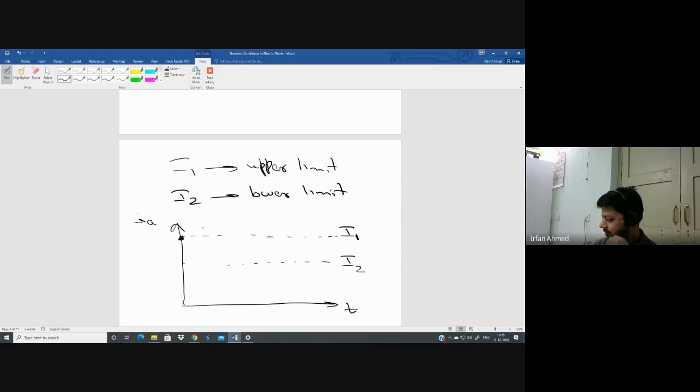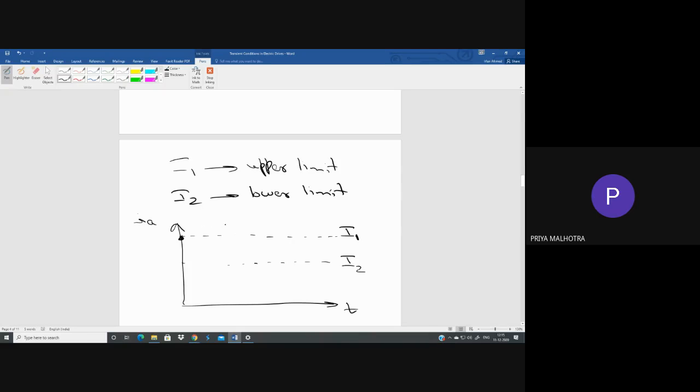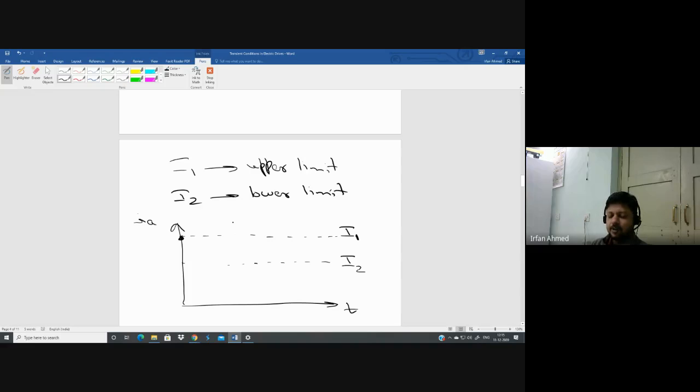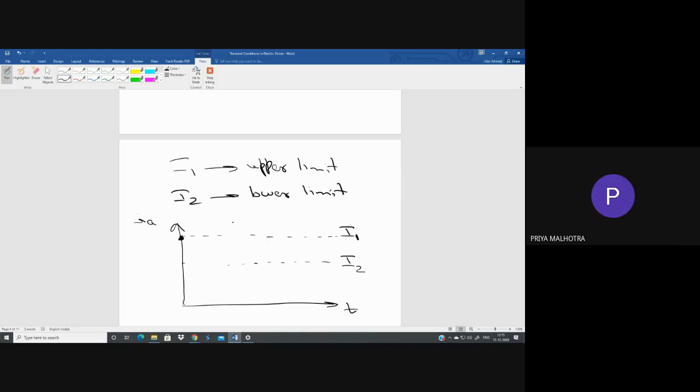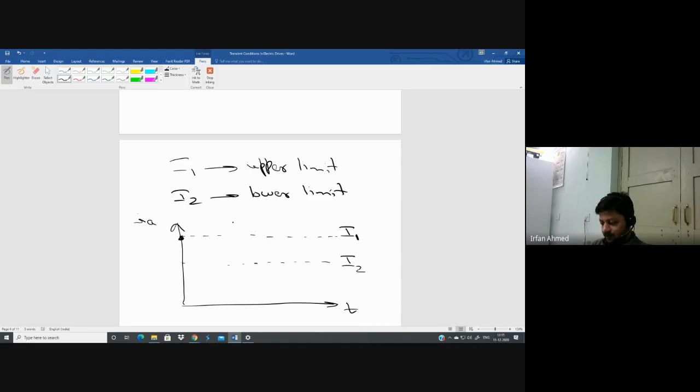Priya, is this correct? At the instant of starting, you are selecting the value of external resistance such that your short circuit current ISC, that is equal to V by R, must be equal to I1, because I1 is your upper limit of current.